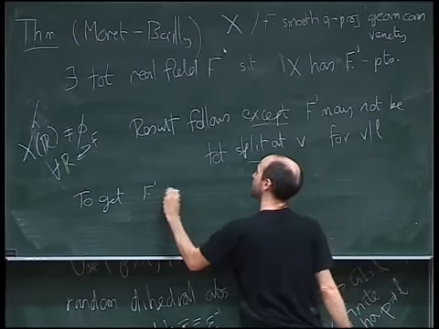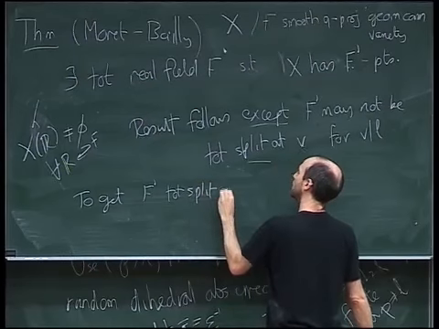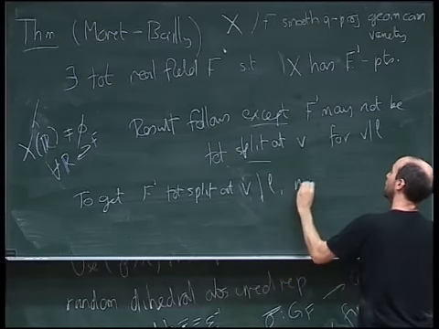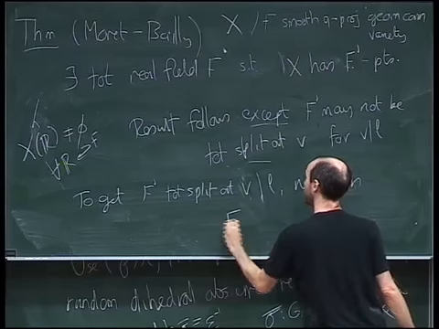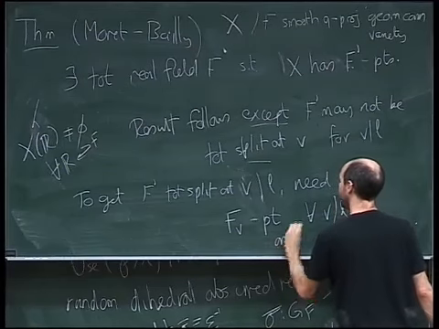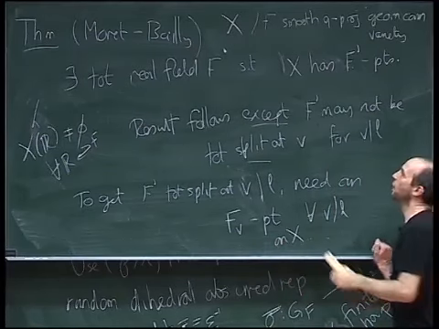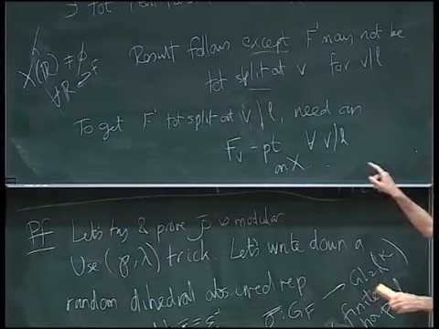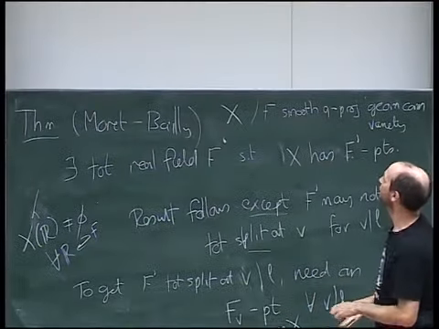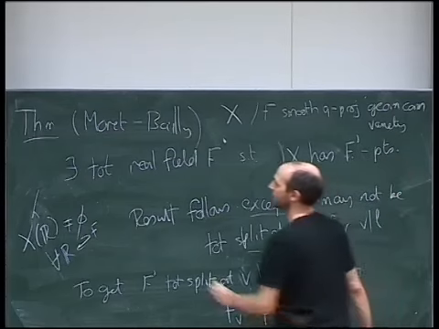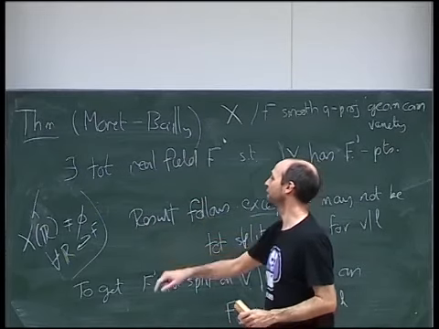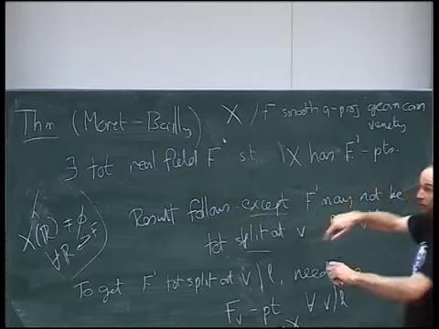To get f prime totally split at L, we need, at v dividing L, an F_v point for all v dividing L on X. Moret-Bailly's idea is that if you have F_v points, then furthermore you can assume that f prime is totally split at v.